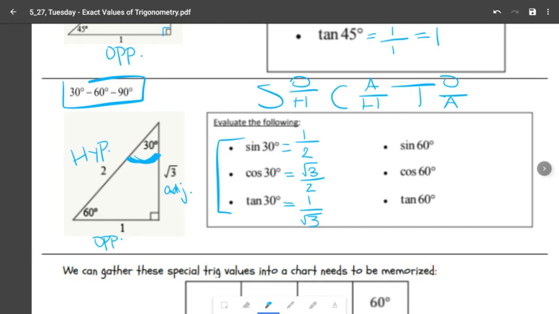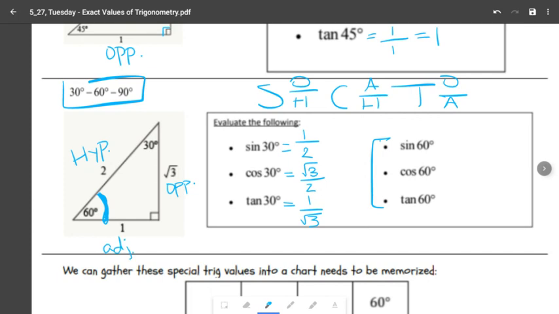But now to do the next 3, we're going to now use the 60-degree angle. So now opposite the 60-degree angle is the radical 3, and adjacent to it is the 1.